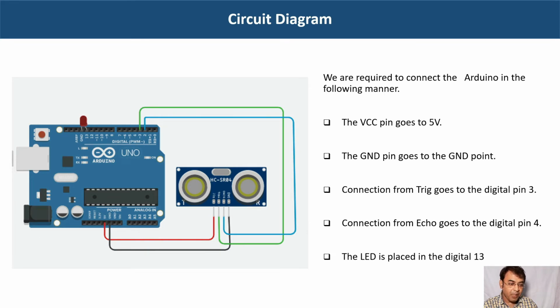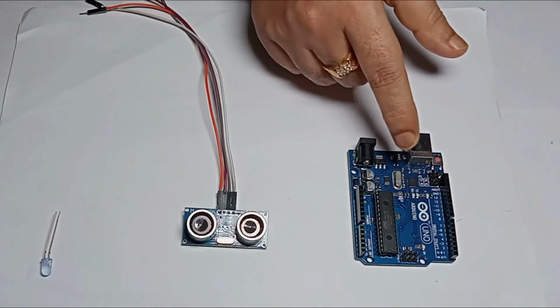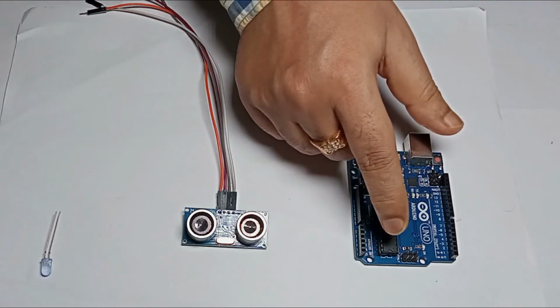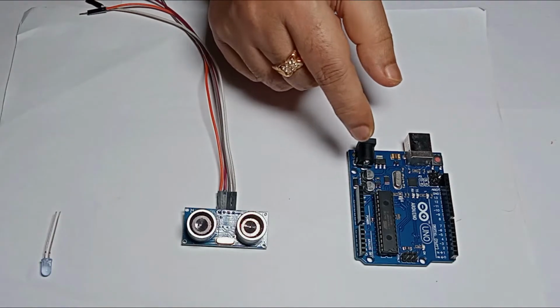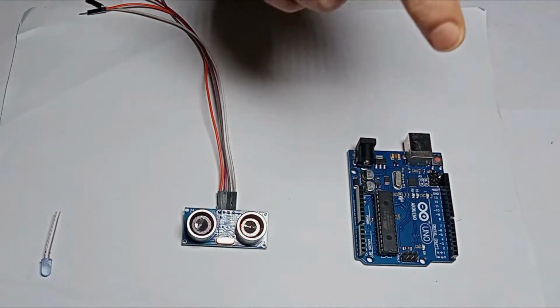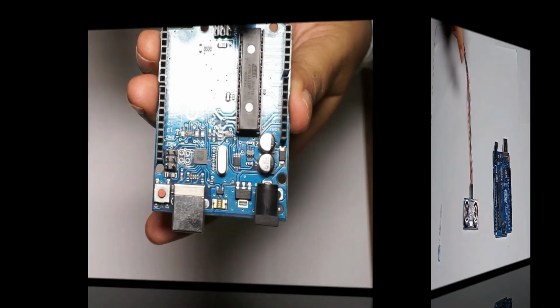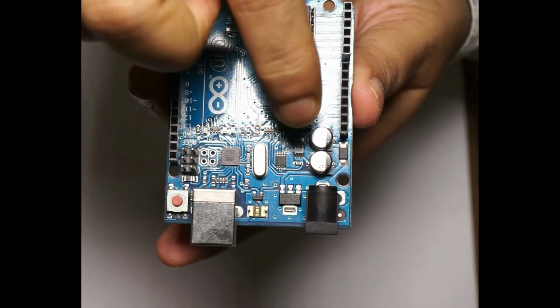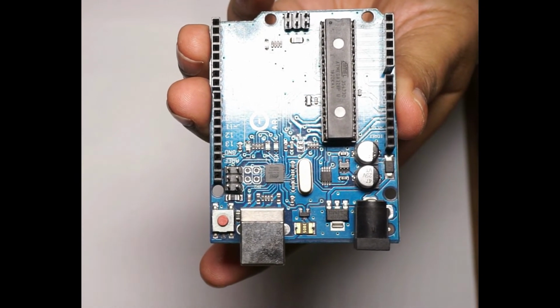pin number 10. This is the Arduino Uno board, which has the Atmega 328 chip, which is a microcontroller, where an 8-bit microprocessor is there. This is the microcontroller. Already I told you what a microcontroller is.